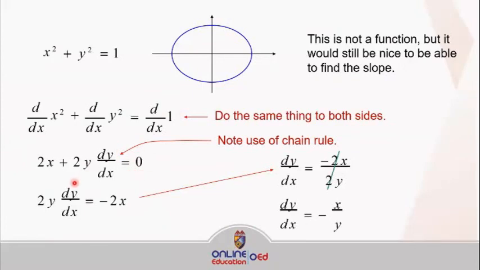And then for the next step, para makuha lang natin si dy over dx, itatranspose natin sa kabilang side si 2x. So kapag nilipat natin si 2x, we have the negative 2x. And then divide lang siya both sides by 2y. So we have dy over dx equal to negative 2x over 2y. Since pareho naman siyang 2, pwede na natin siyang i-cancel. So the value for dy over dx is equivalent to negative x over y.